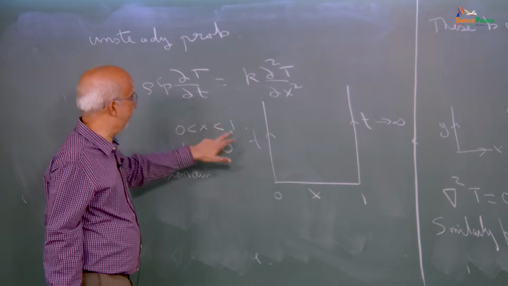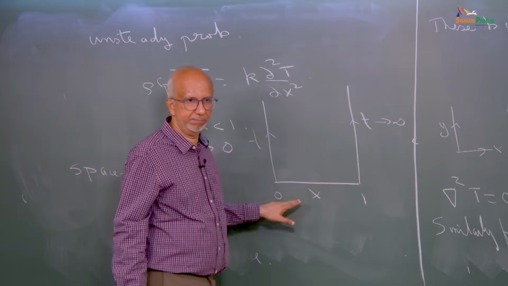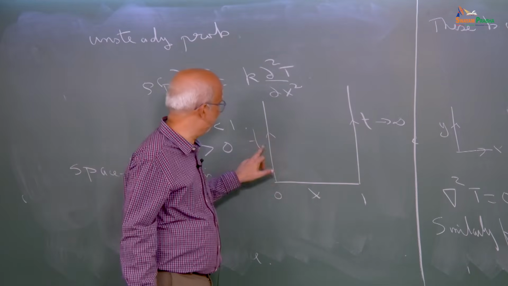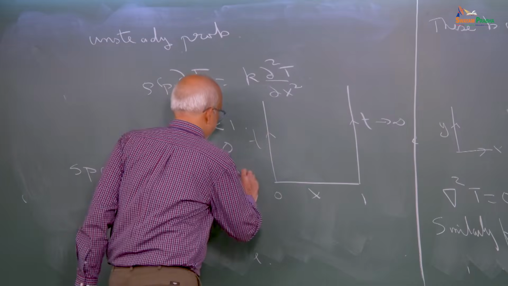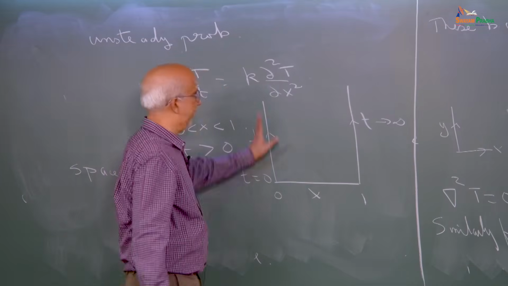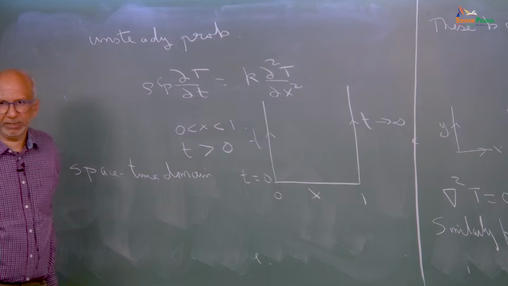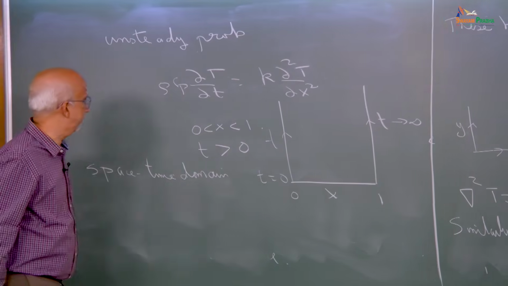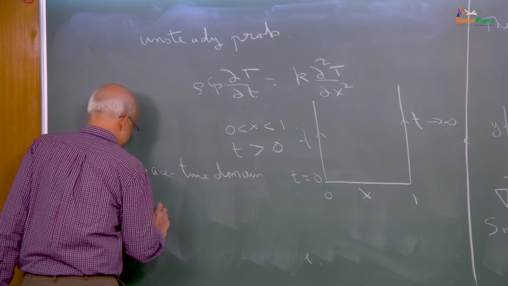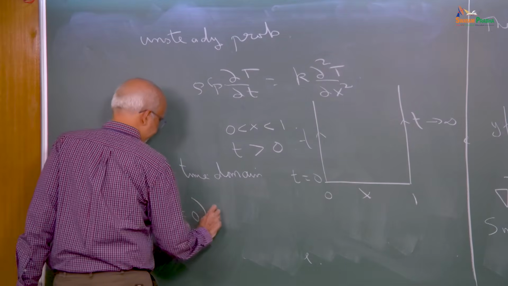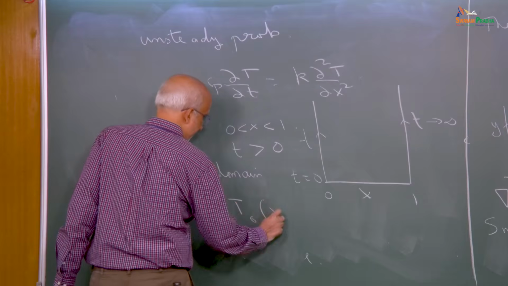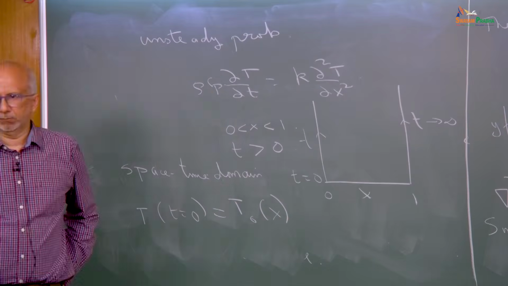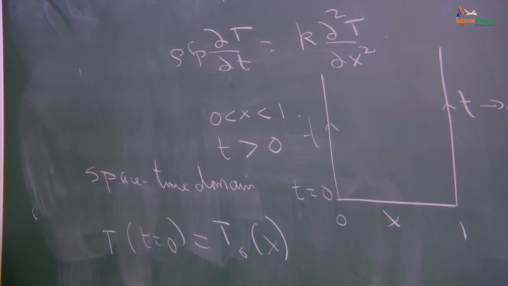I need to give one initial condition, which is at t equal to 0, this t is increasing, and t increases vertically, x is changing horizontally, okay. So, temperature at t equal to 0 is, let us say, T naught of x, because time is fixed.